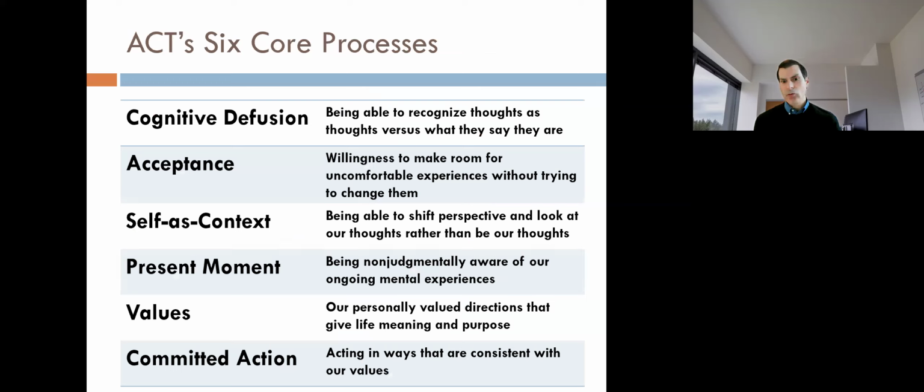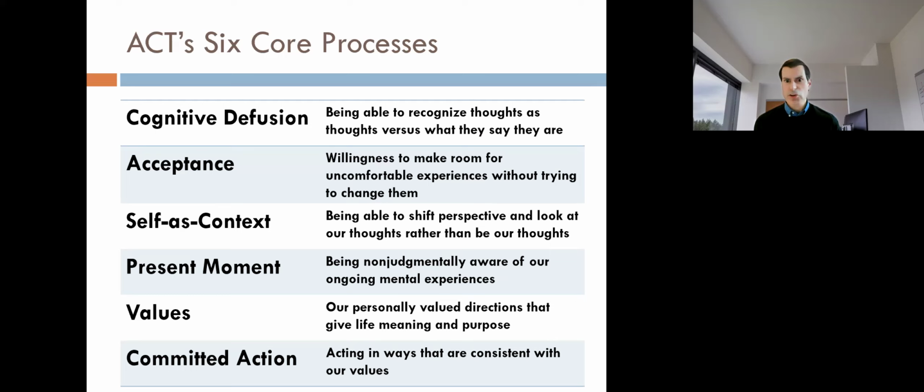So when we think about how the 6 core processes might apply to Mary, that's what we're going to spend a little bit of time on in these next few slides, looking at some ideas for how we might address these core processes.